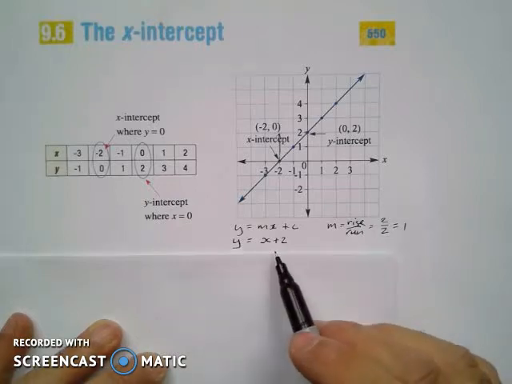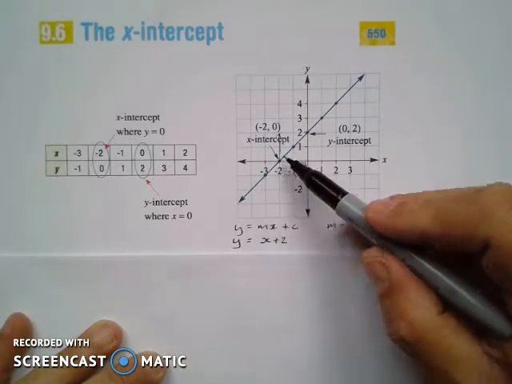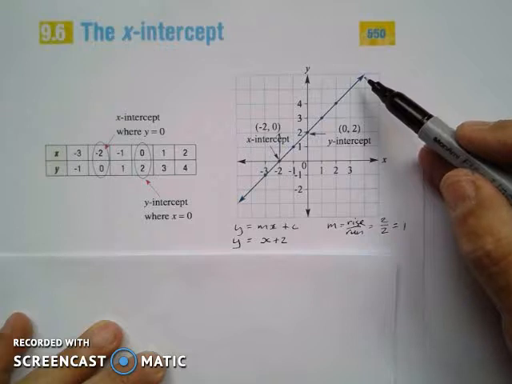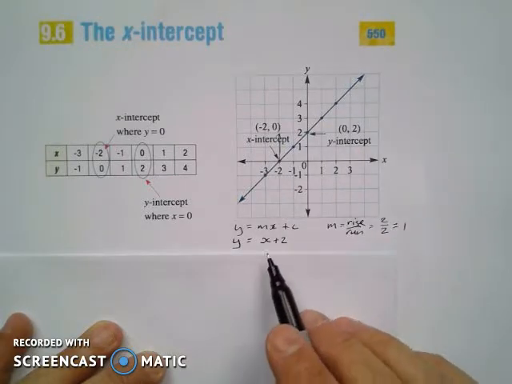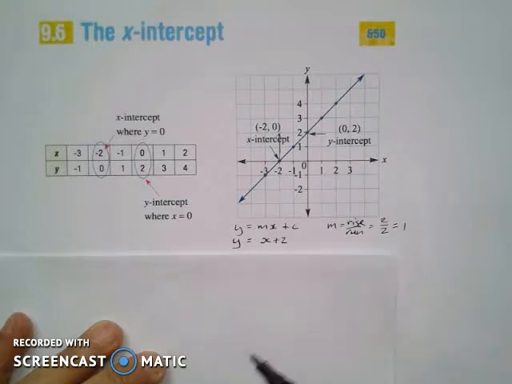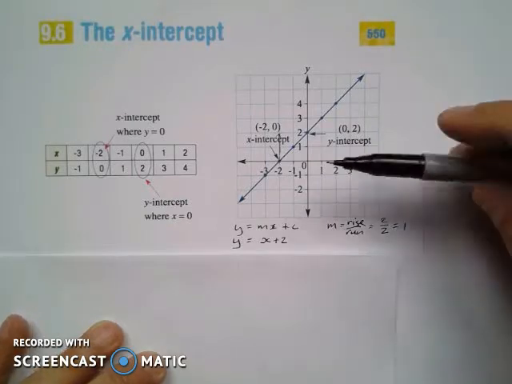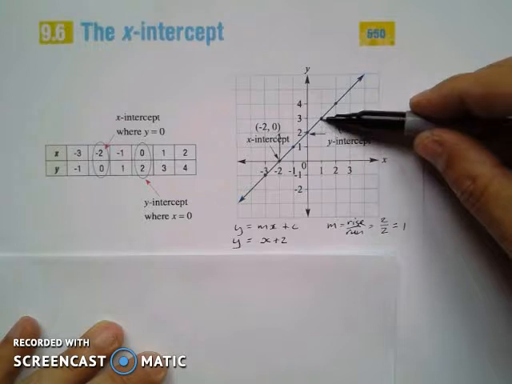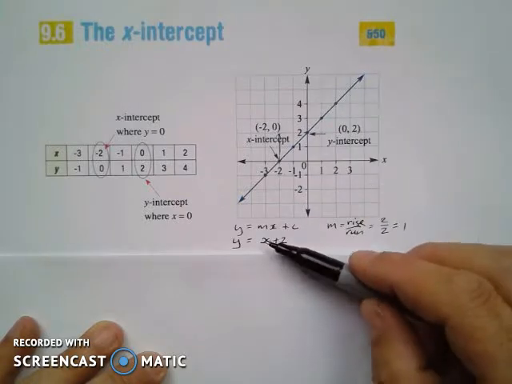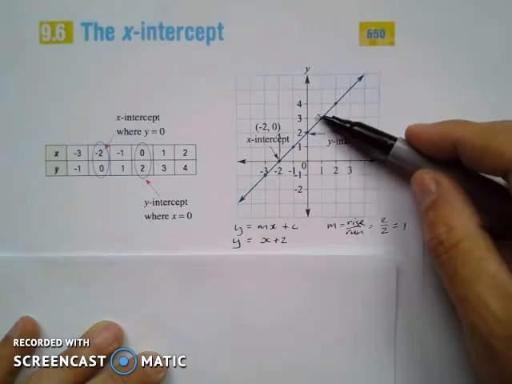This line represents all possible answers that make this equation true. Now I can use the equation, so I can say when x is 1, y is 3, because 1 plus 2 is 3.